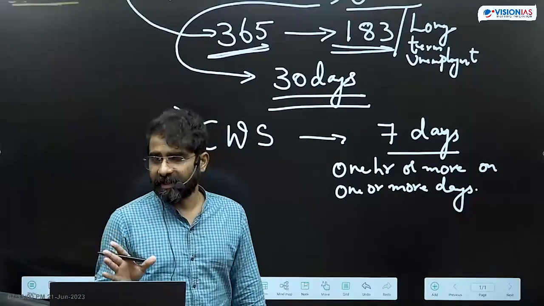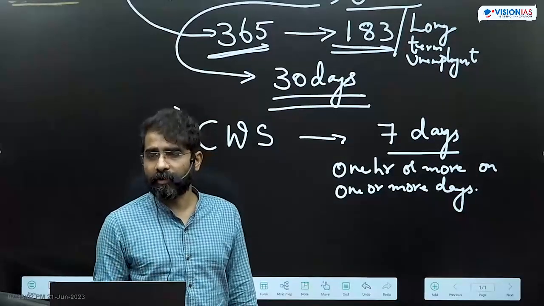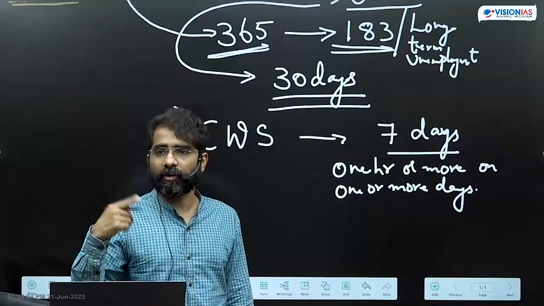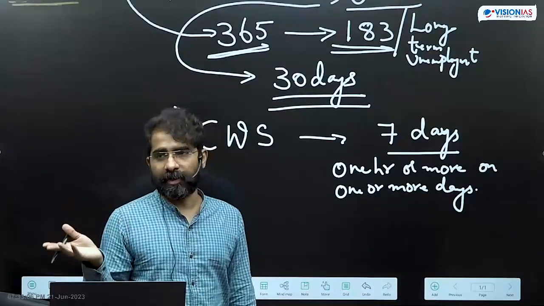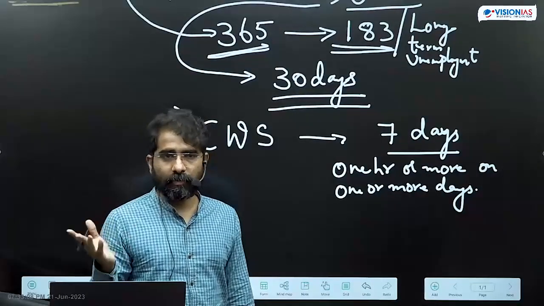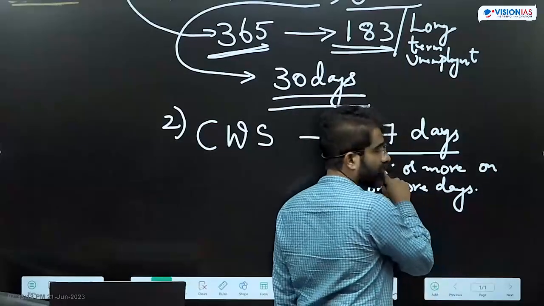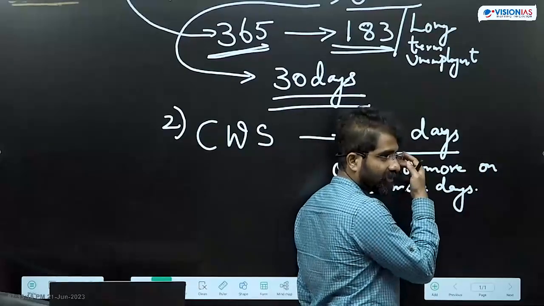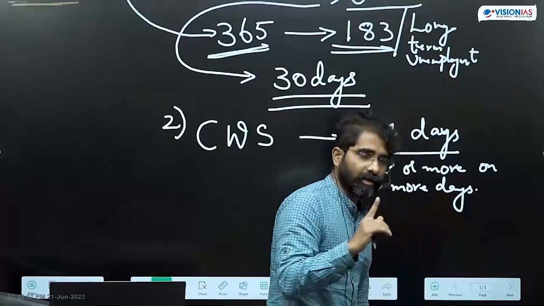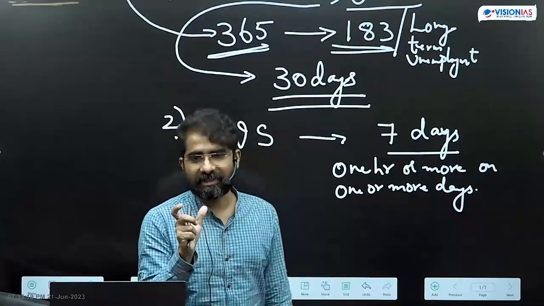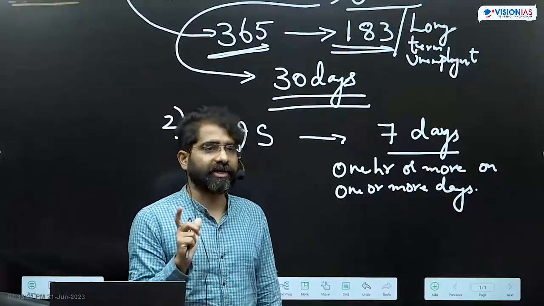In this 7 days, you check if somebody is employed for at least 1 hour or more on 1 or more days. So 1 hour or more on 1 or more days means what? If he is employed for 1 hour on 1 day also in that 7 days, he will get employed status.